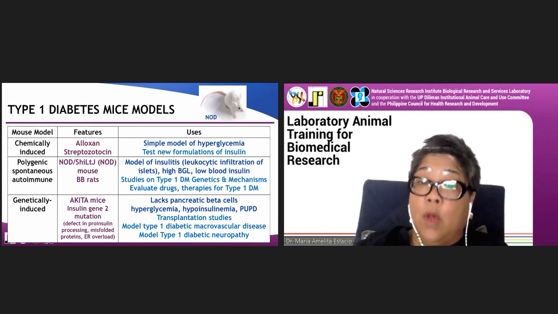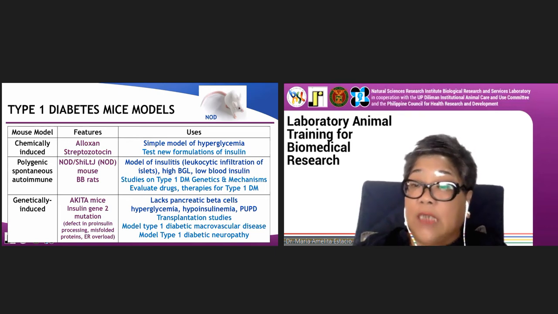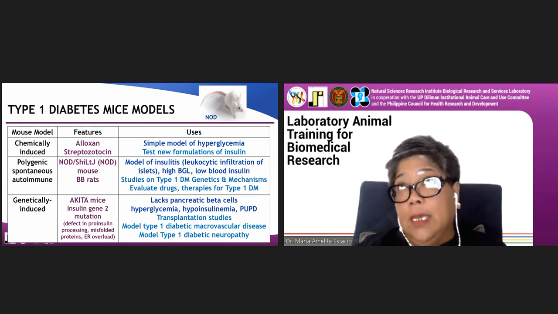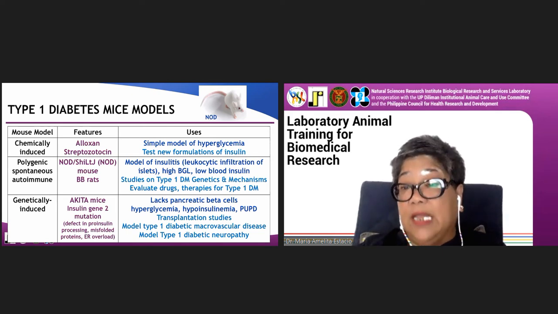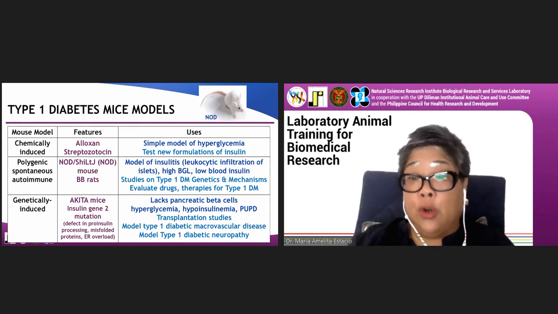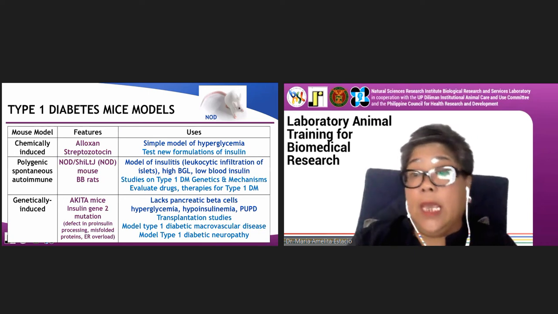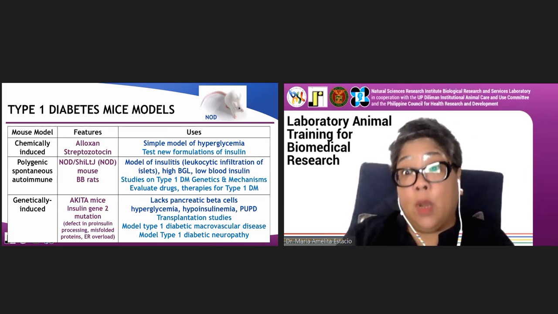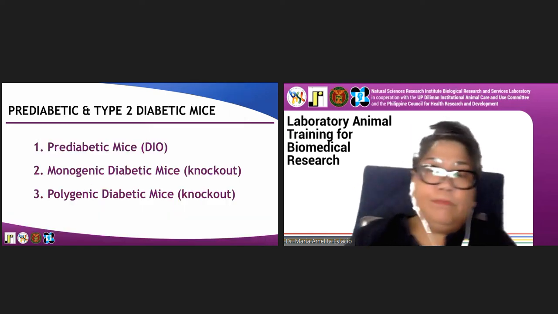Model for the type 1 diabetic macrovascular disease. So the effect on the blood vessels, specifically atherosclerosis, and for diabetic neuropathy. So the neurological signs that we can see in patients that are afflicted with type 1 diabetes mellitus.